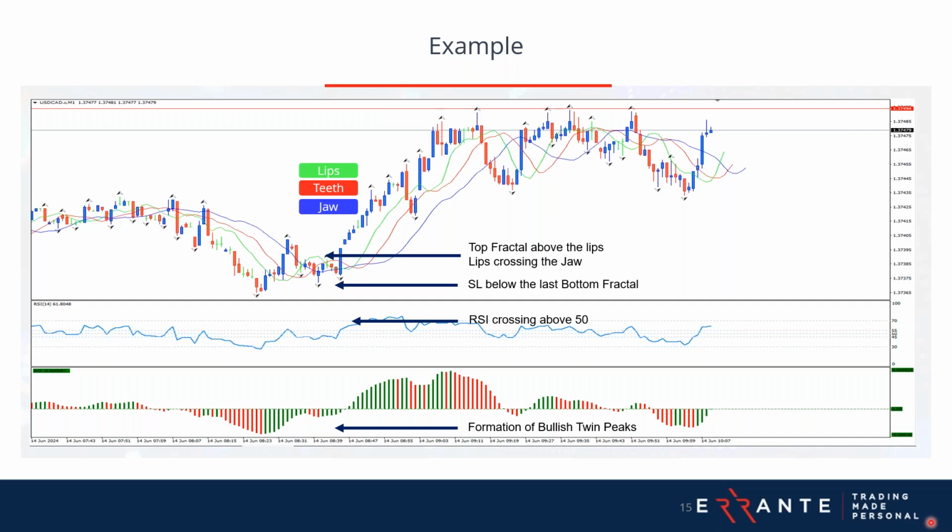Always remember to adhere to risk management principles, such as setting appropriate stop loss levels to protect your capital. And also don't forget that exiting the winning trade is as important as the losing trade. So always have a plan for take profit.